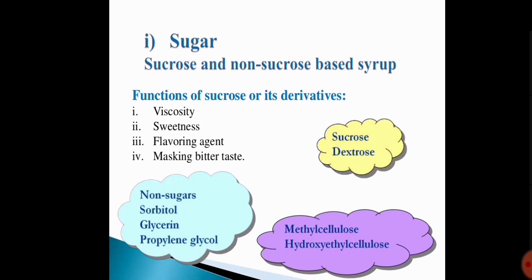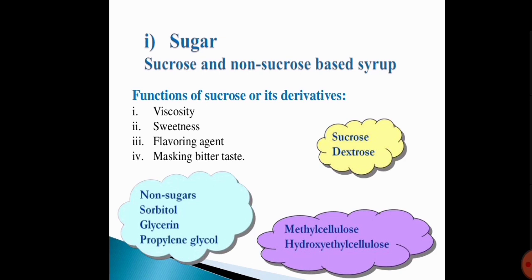So its function is to mask the unwanted, unpleasant taste of the drug. Okay, and it also has an impact on viscosity. It increases viscosity and also provides sweetness to the syrup.